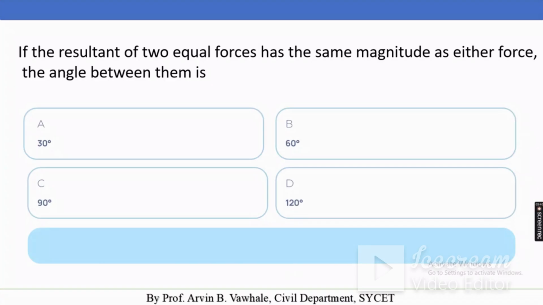If R equals F, then F equals 2F cos theta by 2. That is cos theta by 2 equal to 1/2. So theta by 2 equal to 60 degrees, that is theta equal to 120 degrees. So the answer is option D, 120 degrees.